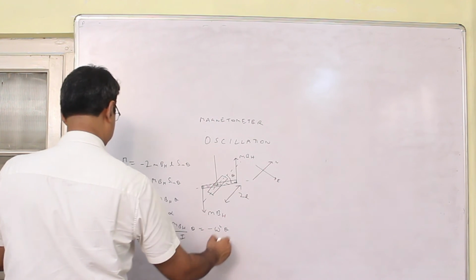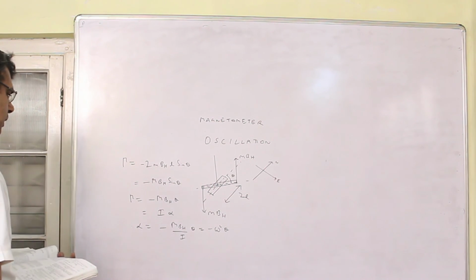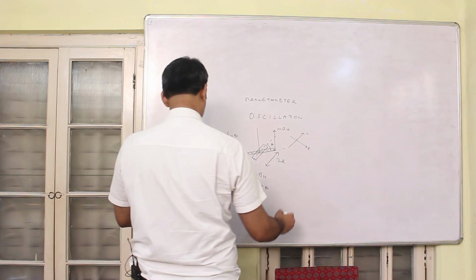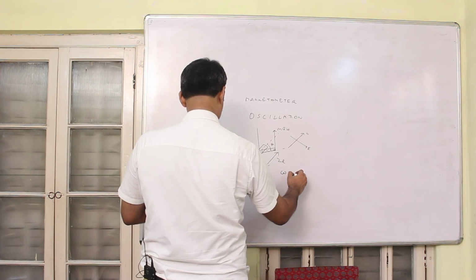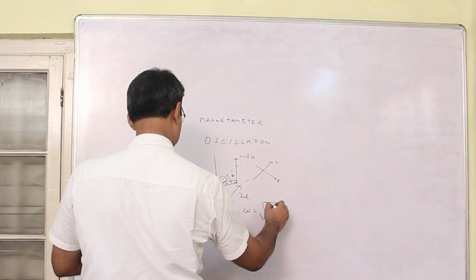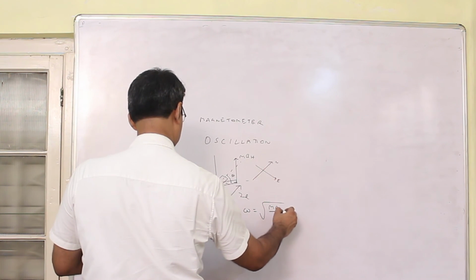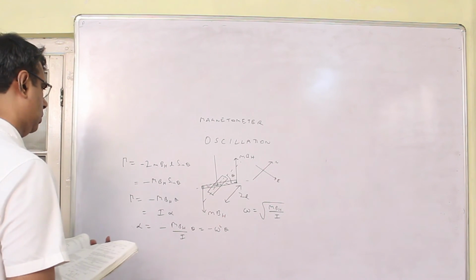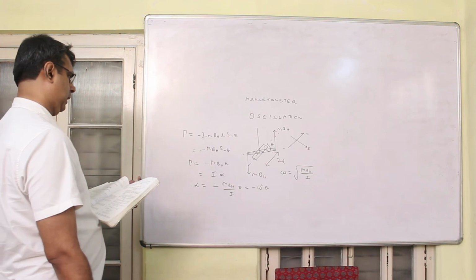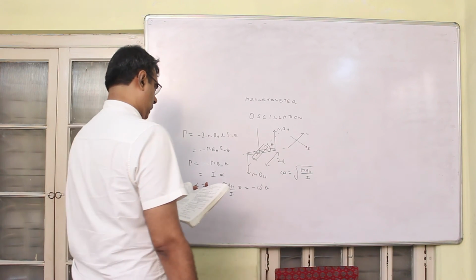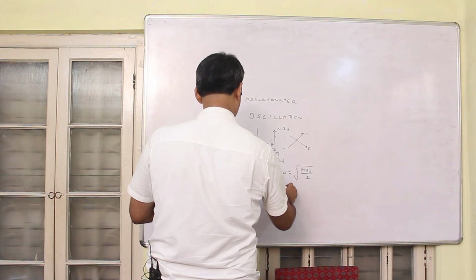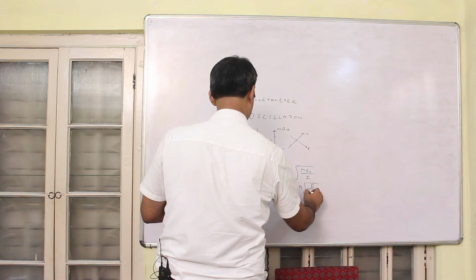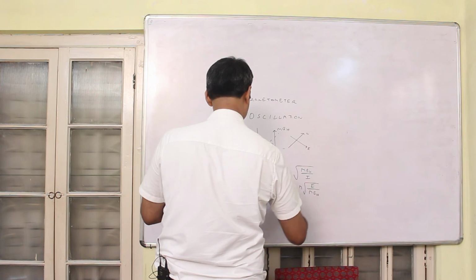And if you compare this with the standard alpha equal to minus omega square theta for any simple harmonic motion, then you will see that omega is root over M BH by I, and therefore time period is 2 pi root over I divided by M BH.